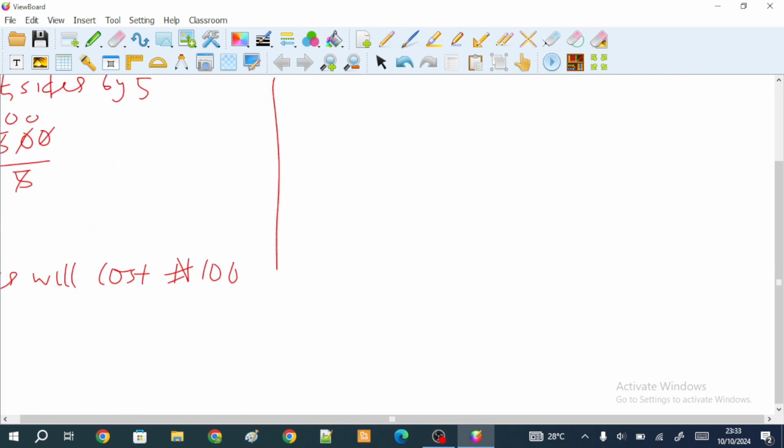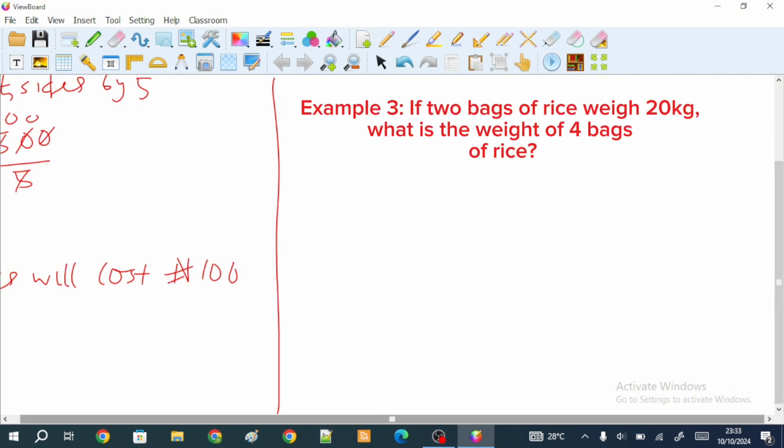In this example, very simple. If 2 bags of rice weigh 20 kg, what is the weight of 4 bags of rice? I hope you understand that in all these examples we're taking, when one of the quantities is increasing, the other one is also increasing. So they are all direct proportion.